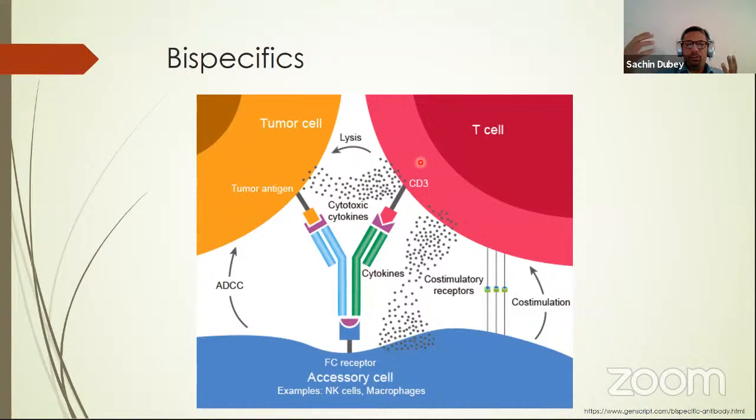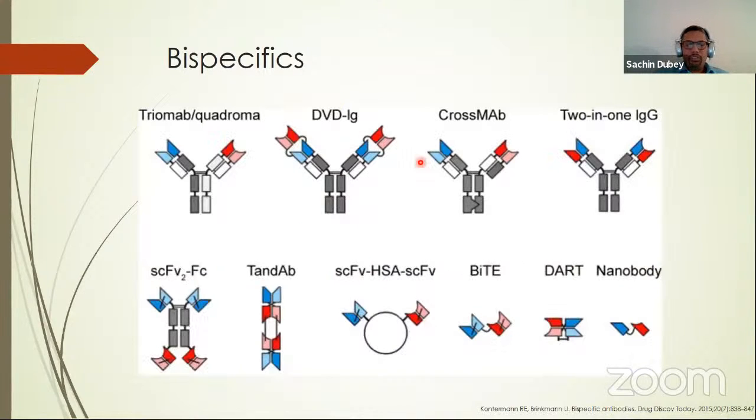So in theory, you're helping the T cell to find the tumor cell, and ultimately when they find it, they kill it. I think this is one of the very, very hot fields in the area of monoclonal antibodies. There are at least 20-25 different formats being investigated in preclinical and clinical trials.